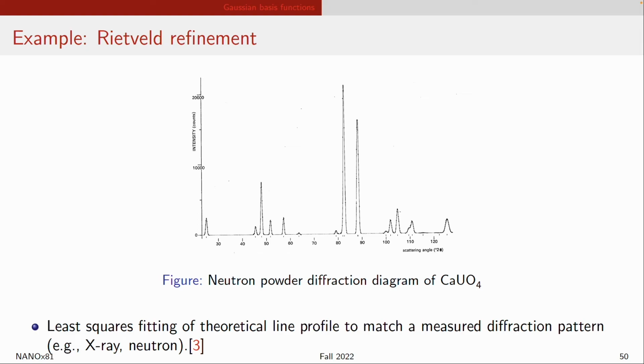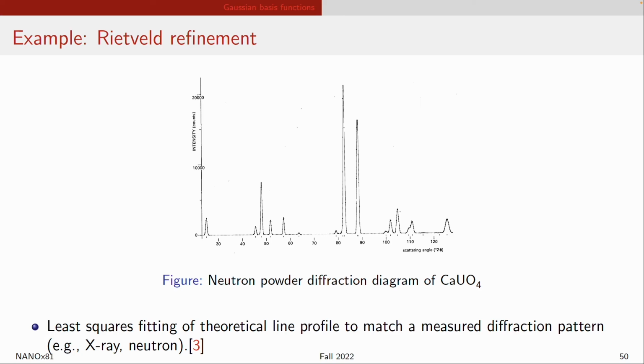So basically, Rietveld refinement is a form of machine learning where you essentially are trying to fit your measured spectra to some set of known spectra and trying to figure out what is inside your sample, right? And the way you do this is basically you look at this neutron powder diffraction of this phase, which is calcium uranium oxide.